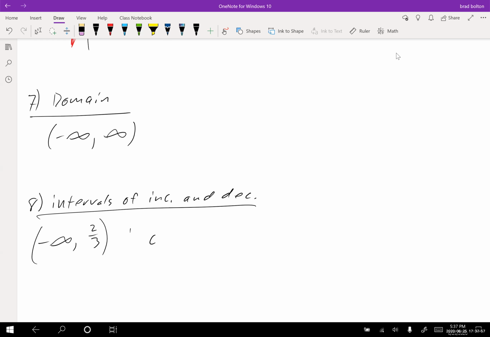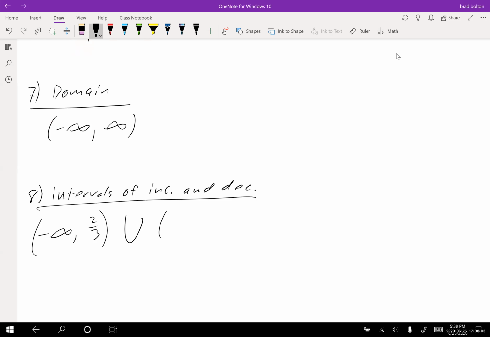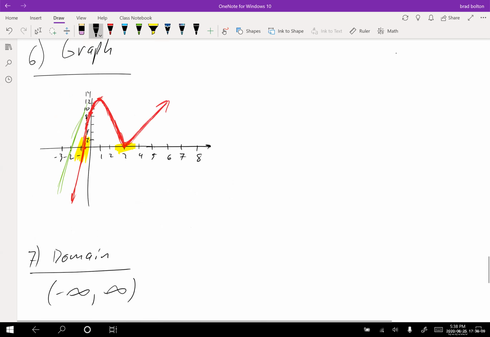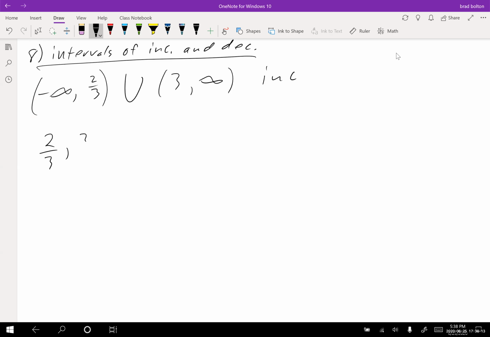And I think there's another one that's also increasing, union from 3 to infinity. So this is increasing. And then decreasing is from 2/3 to 3.